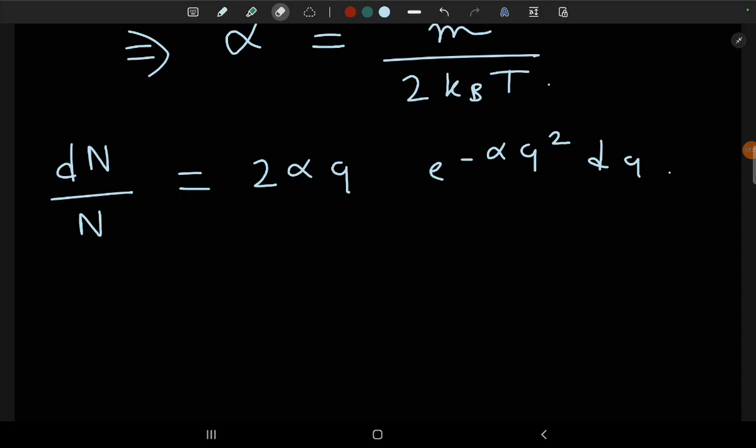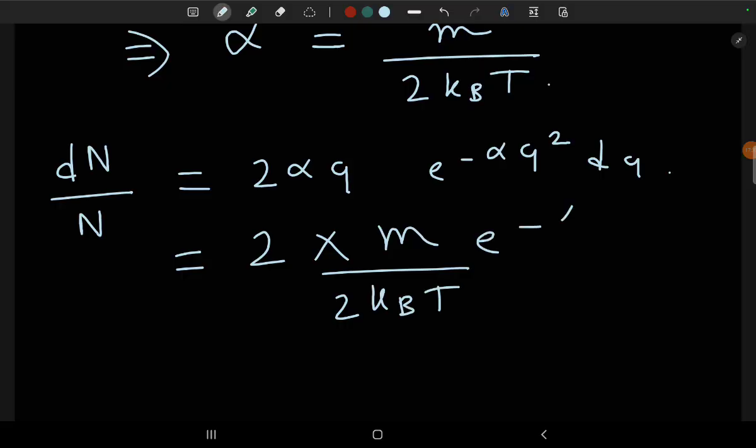So we will have alpha, the value of alpha being put over here, m by kBT e to the power minus alpha here. So alpha was also here, so this is m c1 squared by kBT dc1, and we can cancel the 2 here.